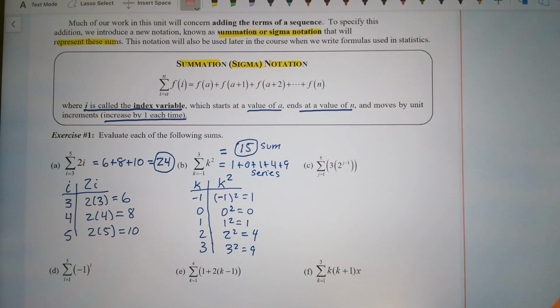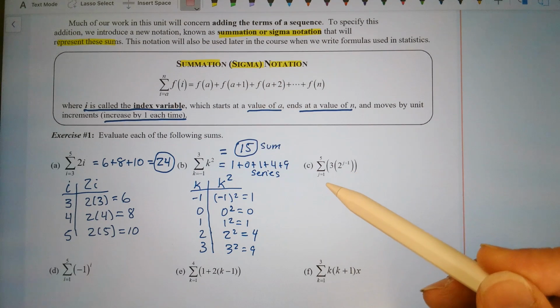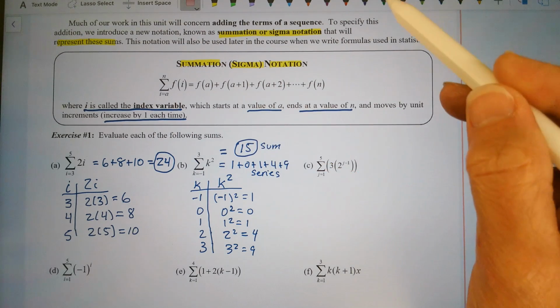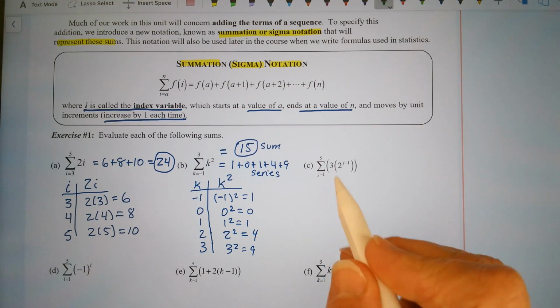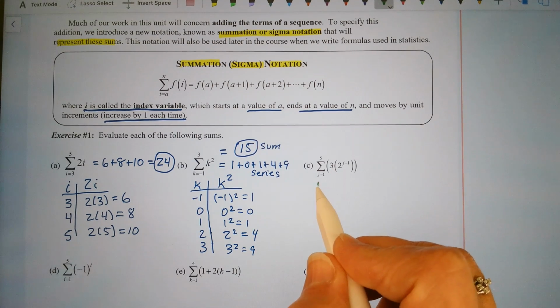C, we have the summation of 3 times 2 to the power j minus 1, j starting at 1 and ending at 5. Again, our table.